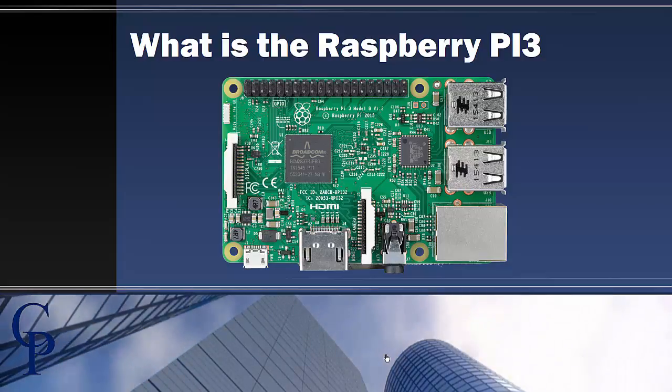So our goal is to take this Raspberry Pi, install a copy of Kali Linux on it, and then check this out. We're going to make this thing so it can be run in a headless manner, which means when you get it out in the field, you won't need to plug in a keyboard or a mouse or a monitor.